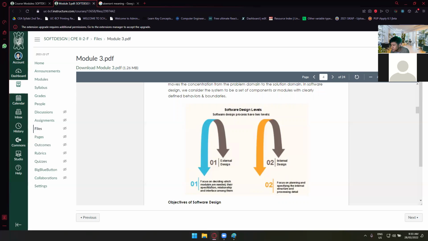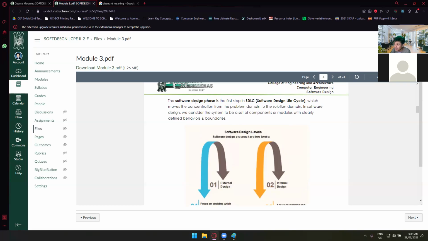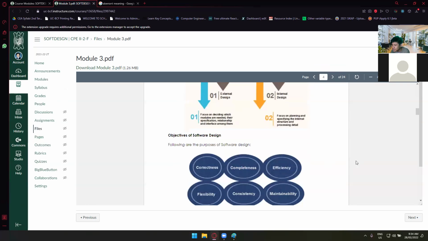External focuses on designing which modules are needed, their specification, relationship, and the interface among them, while internal design focuses on planning and specifying the internal structure and processing detail. If you combine the two, that's the totality of the software design itself. It's just that we have these two parts right here.